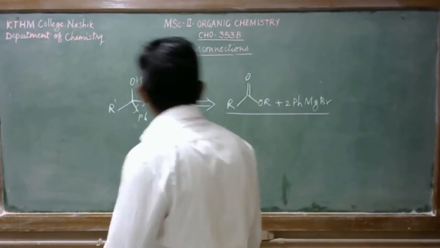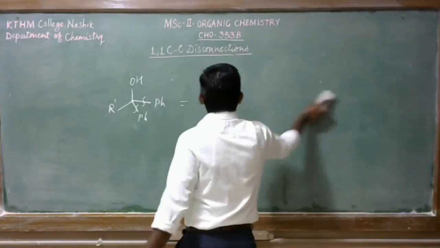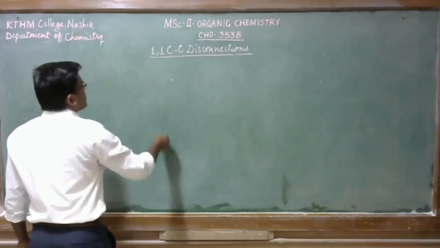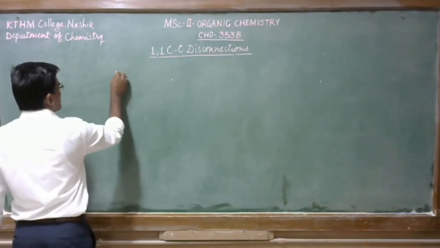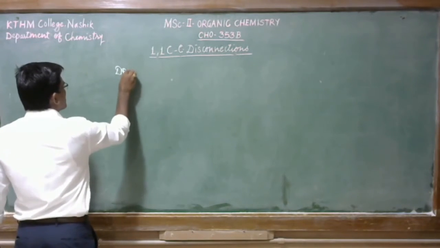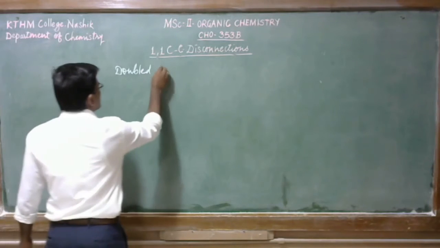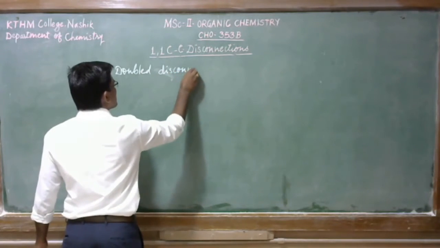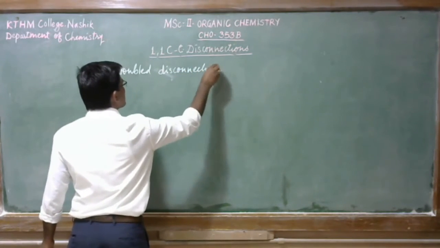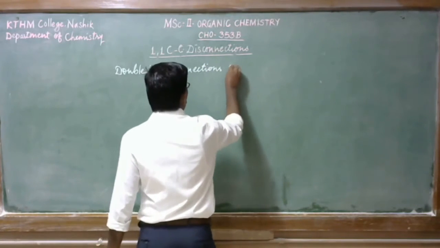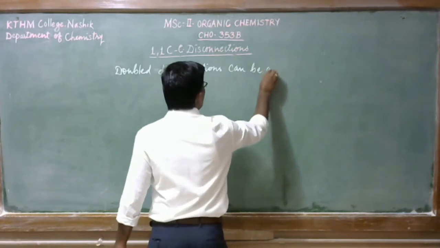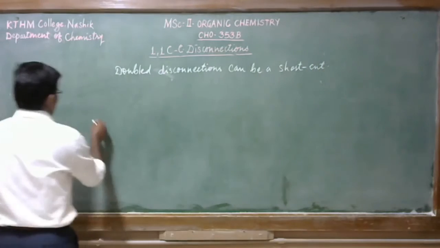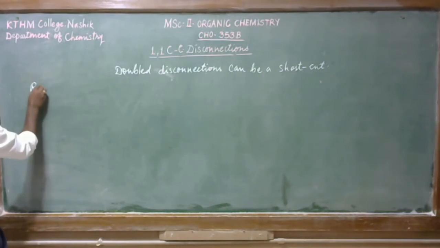Let us have an example which involves a 1,1 carbon-carbon double disconnection, which can be a shortcut. So let us see the retrosynthetic analysis.